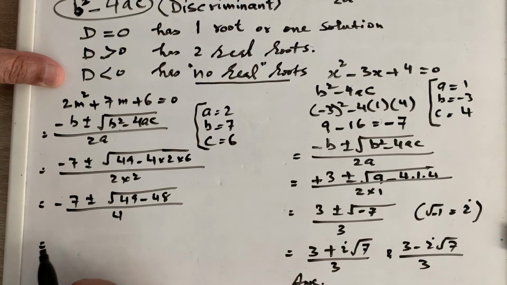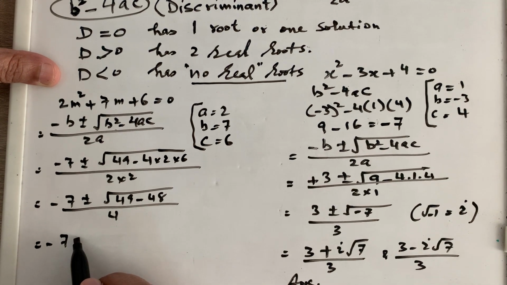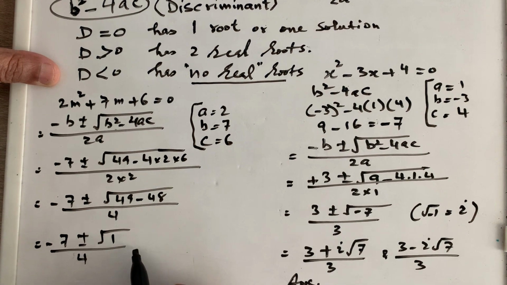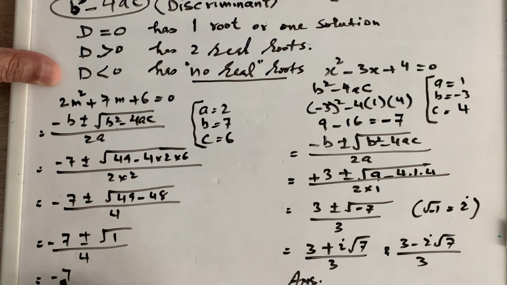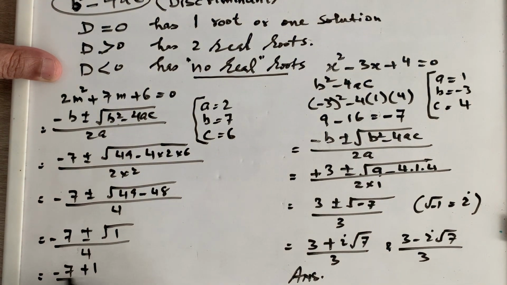So we have now minus 7 plus minus under the root 1, and we know that square root of 1 is 1. So I have minus 7 plus 1 divided by 4 and minus 7 minus 1 divided by 4. If I solve this, minus 7 plus 1 will be minus 6, minus 6 divided by 2.